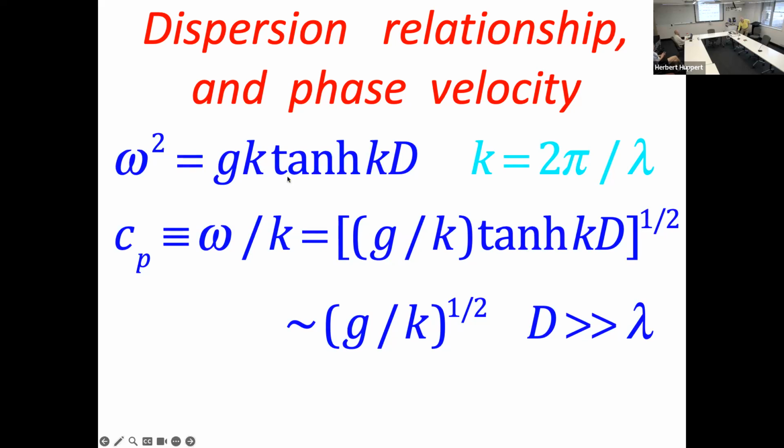And of course, gravity is what plays the important role in their propagation. Now, there's a phase velocity. That's the velocity with which the waves move, the maximum or the minimum or some particular point that's given by omega over k.